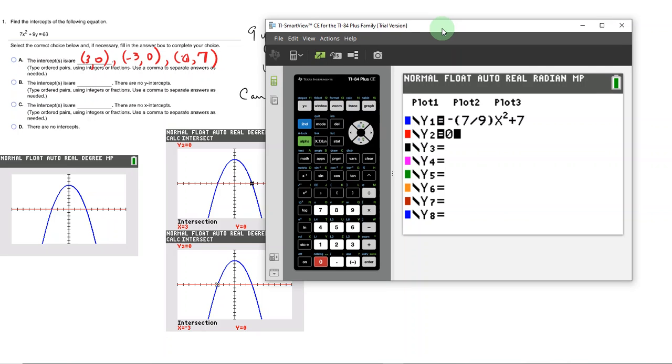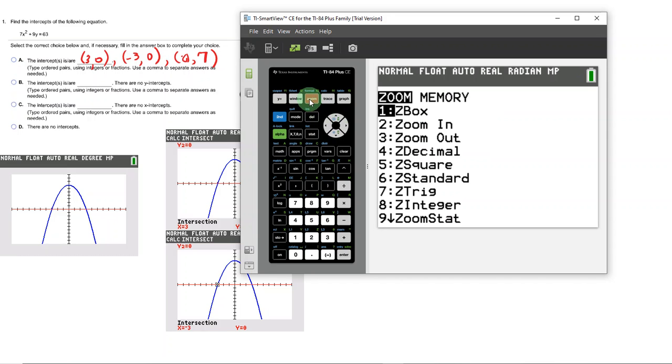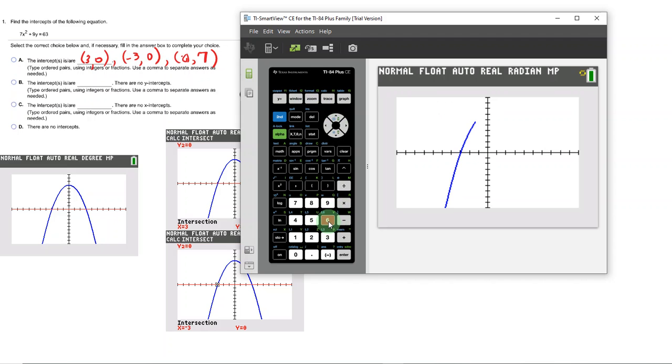And then I put some screenshots here, but just for this one, let's go to the calculator. And so I put that in under y1, and I put 0 in for y2. Typically, if you don't know what your window has been and you want to be at a normal standard window, you can do zoom 6, which is a standard window. And so I get this.